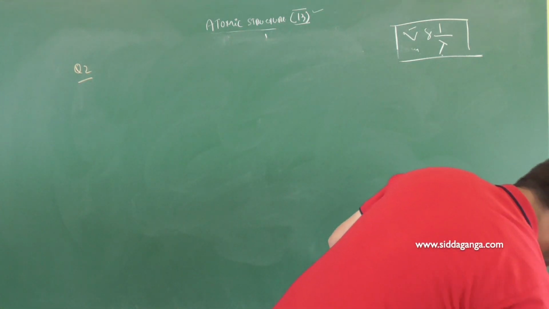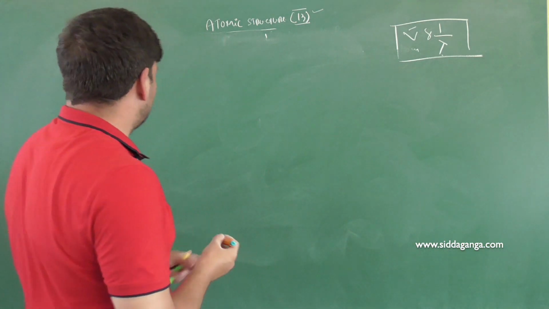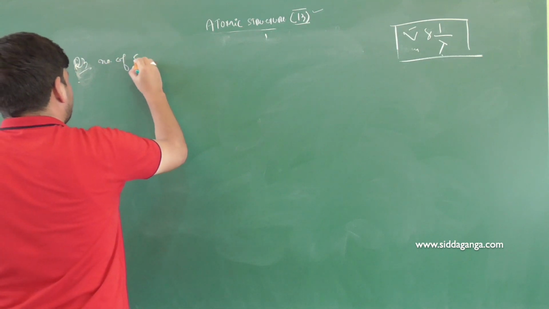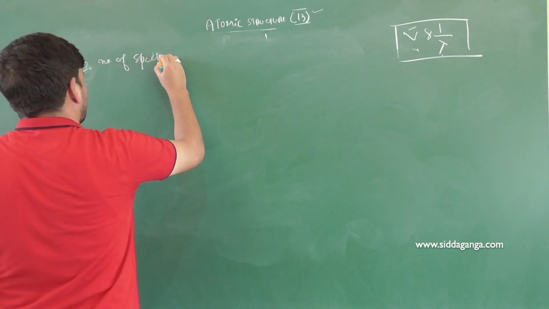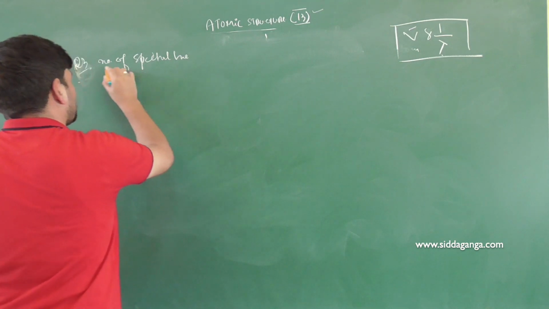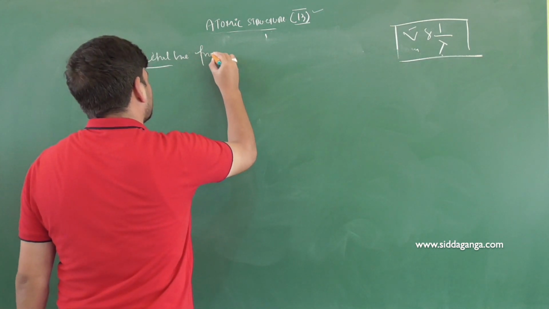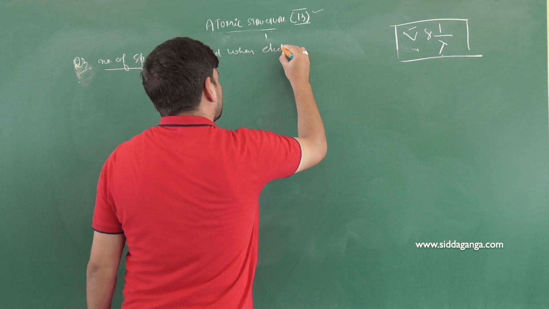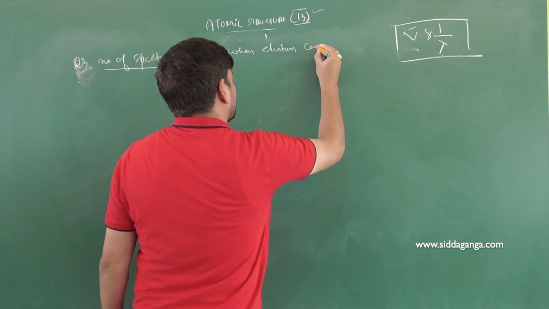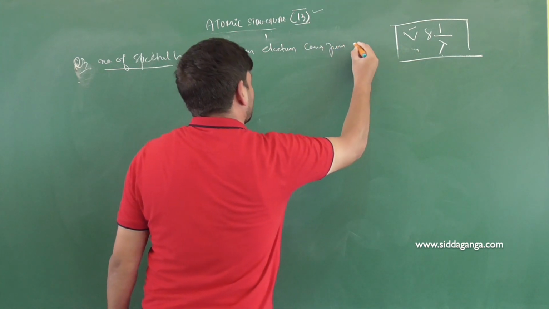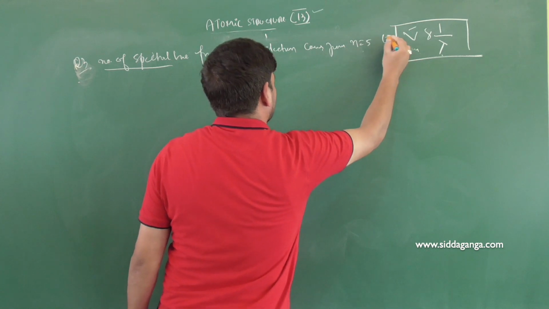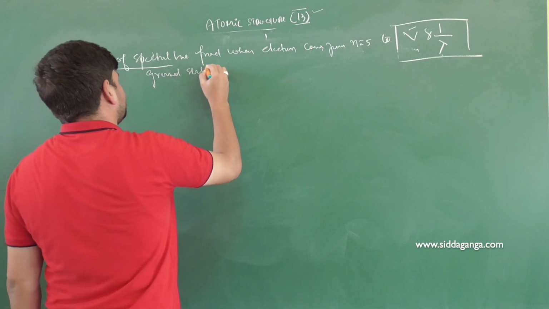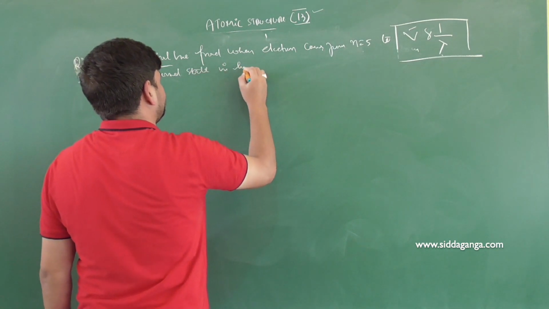Right. Number of spectral lines. Question number 3. Number of spectral lines produced when an electron comes from n equals 5 to ground state in hydrogen.